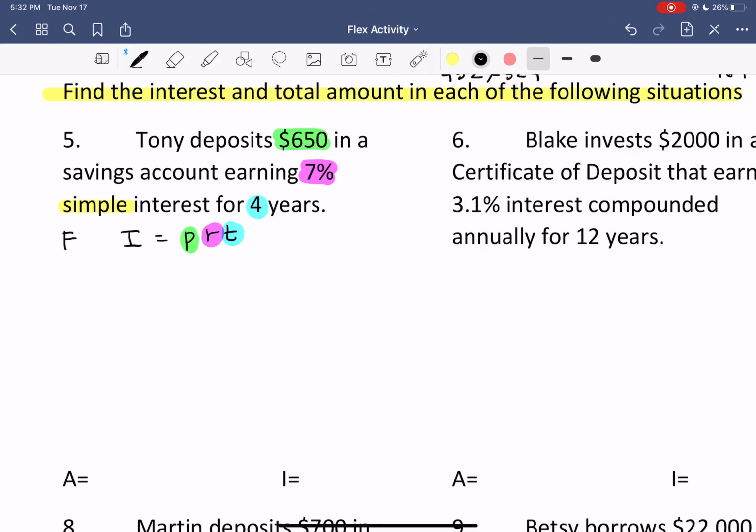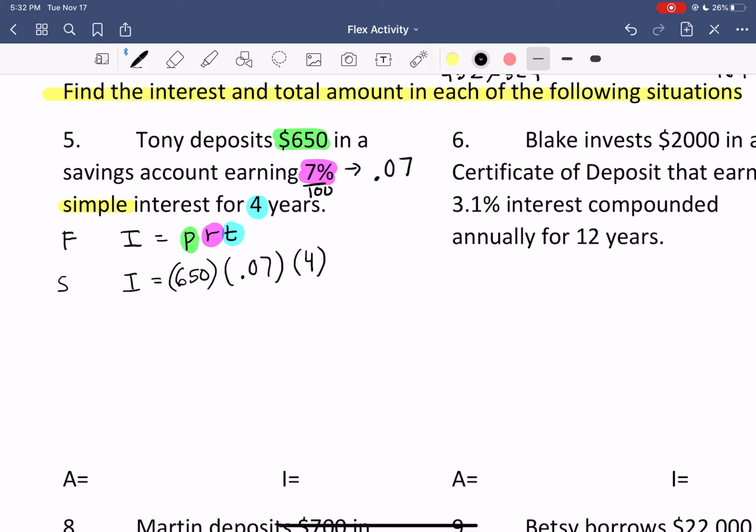So we can put each of those numbers into our formula: I equals 650 times the rate, which has to be a decimal. We divide by 100, which moves the decimal point 2 places to the left, giving us 0.07. And our time is already in years, so we can just put that into our formula.